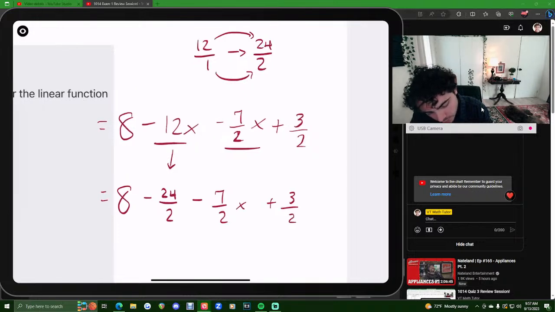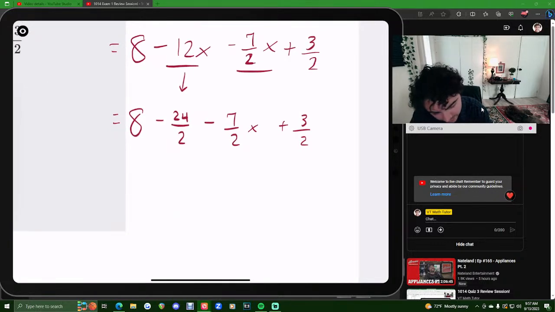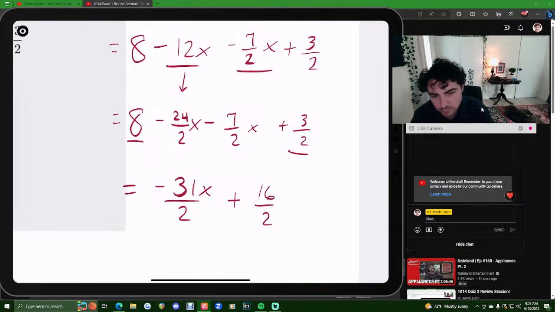So we have gotten it to a point where we can combine the x terms. Negative 24 minus 7 would give us negative 31x over 2, or negative 31 over 2x. And then we still have the 8 and the 3 halves. So we could think about the 8 as 16 over 2. Do the same sort of conversion. If it was 8 over 1 and we need it to have a denominator of 2, we multiply the 8 by 2 and the 1 by 2 to get 16 over 2 plus 3 over 2.